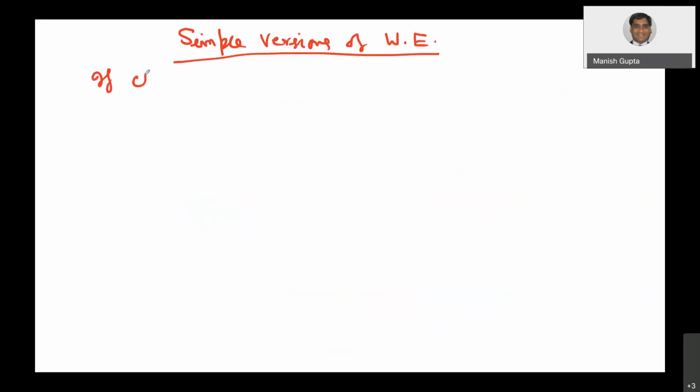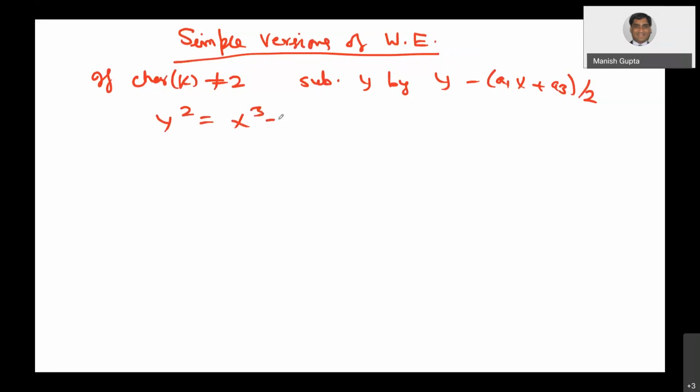If the characteristic of the field K is not equal to 2, you substitute y by y minus (a1x plus a3) divided by 2. Okay, we get y square is equal to x cube plus b2 x square plus b4 x plus b6, something like this we will get.